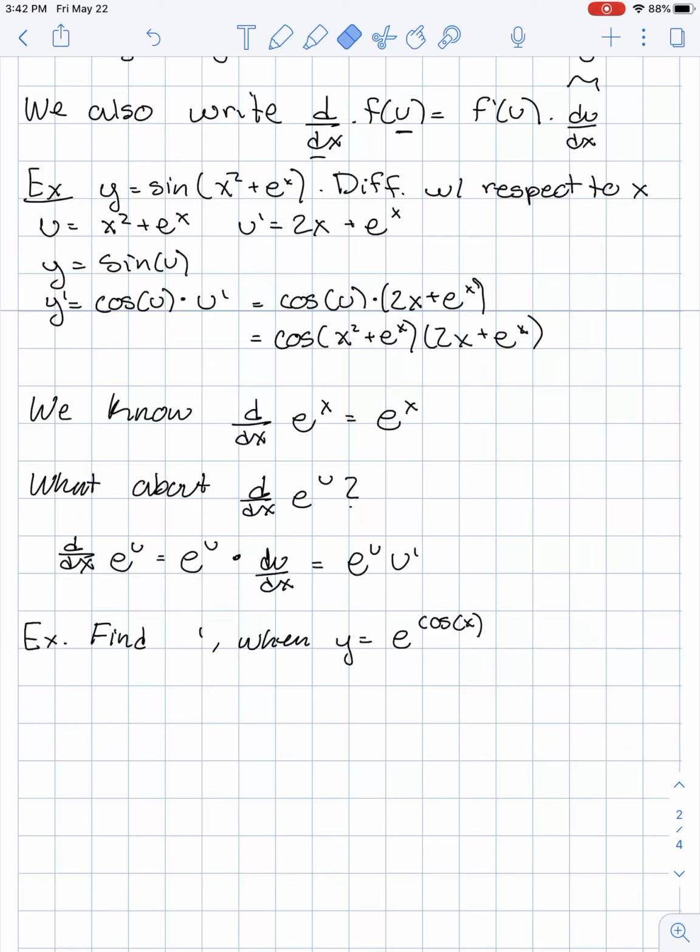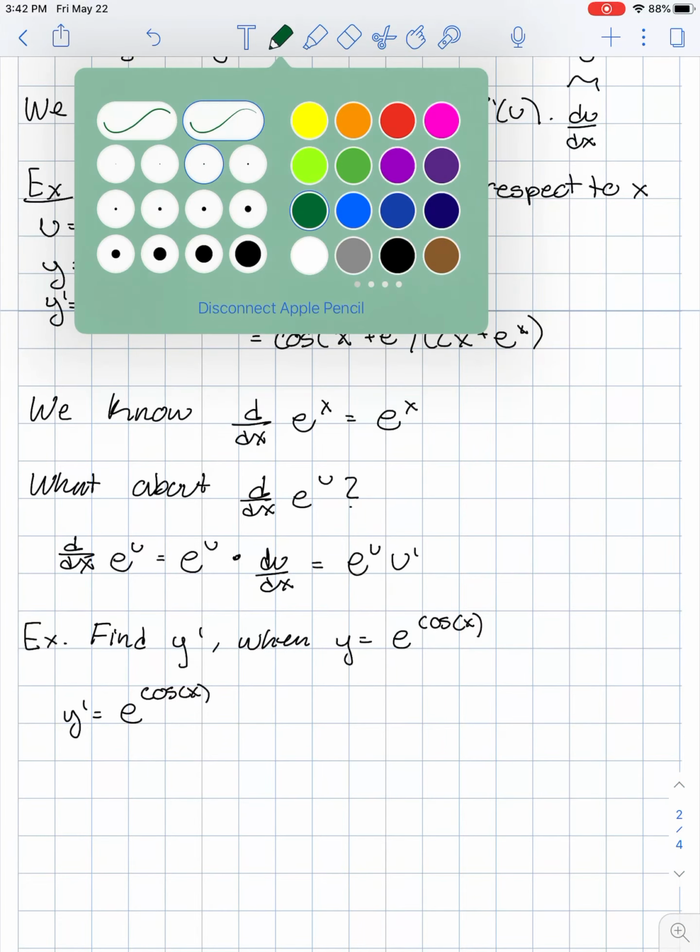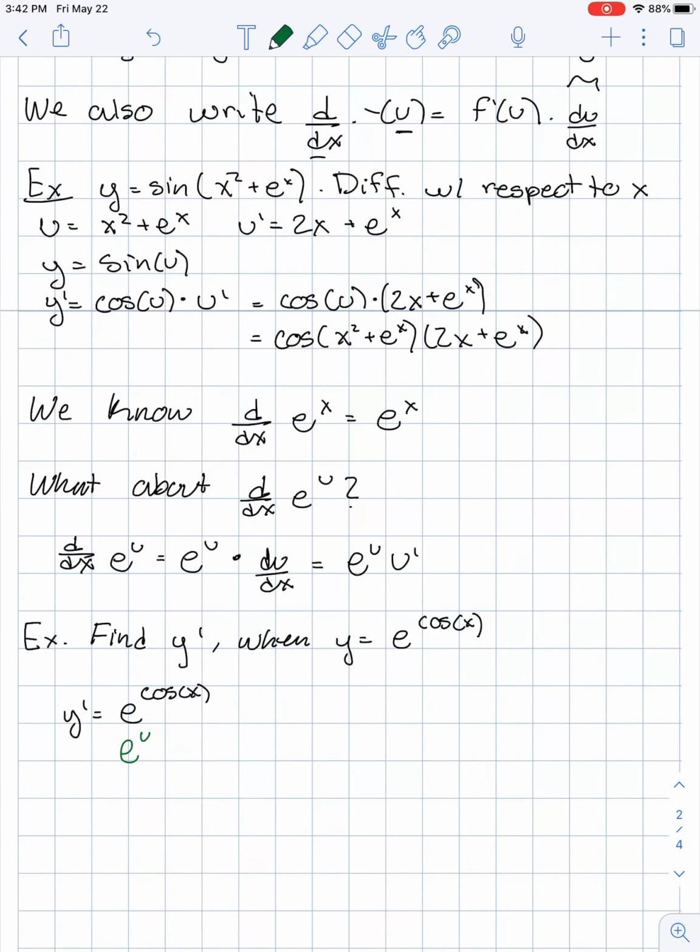Let me write this down a line, give myself some space. Okay, so we're going to have y prime, e to the cosine of x, right?